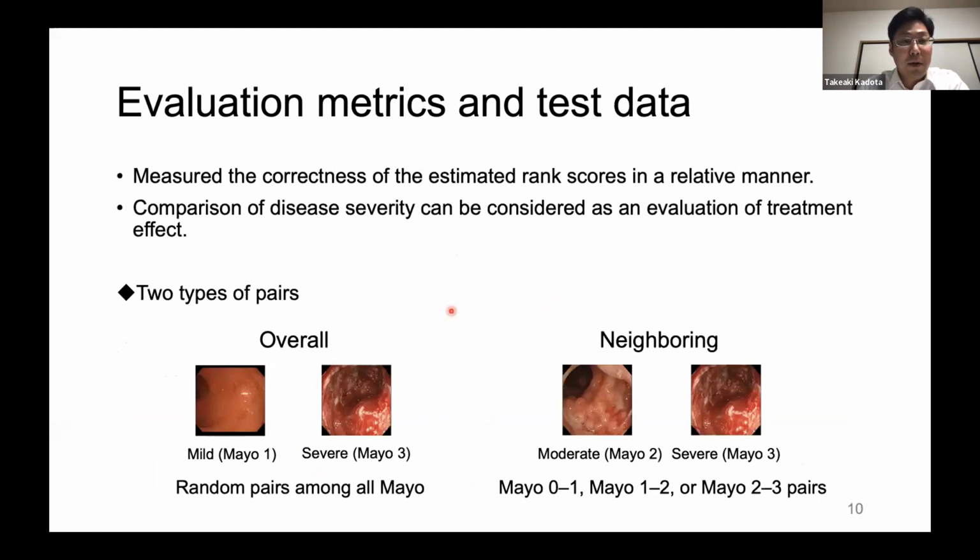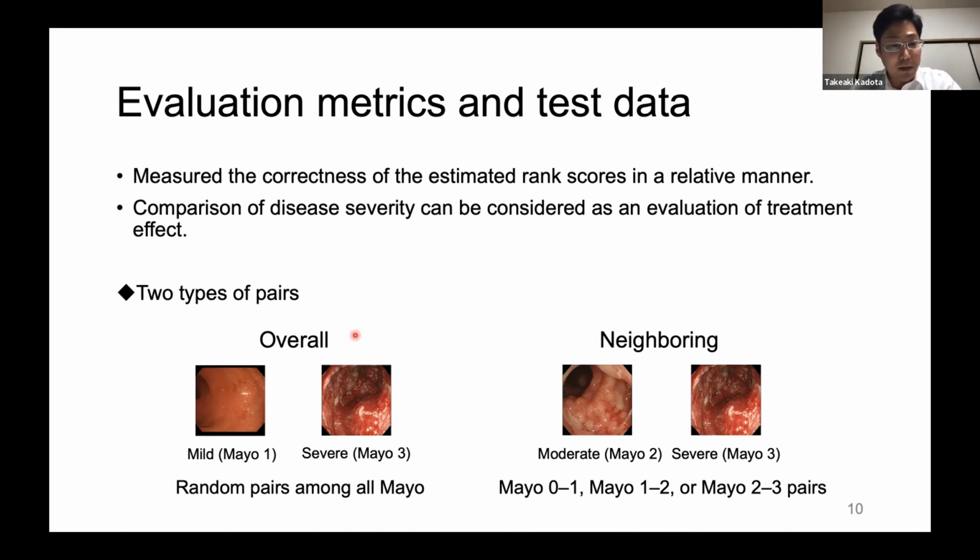As the accuracy evaluation, we measure the correctness of the estimated rank scores in a relative manner. Comparison of disease severity can be considered as the estimation of treatment effect. For the test data set, we prepared 2 types of pairs.